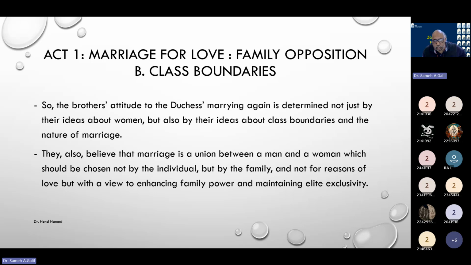So again, their attitude, I'm talking obviously about the Cardinal and Ferdinand. Their attitude towards the Duchess marrying is determined not only by their ideas about women, but also by their ideas about class boundaries and the nature of marriage. A contributing factor is what they think of marriage.